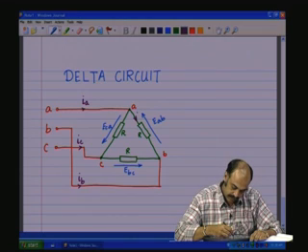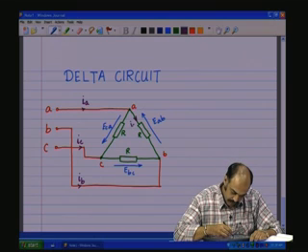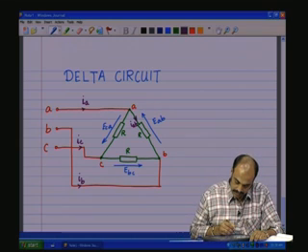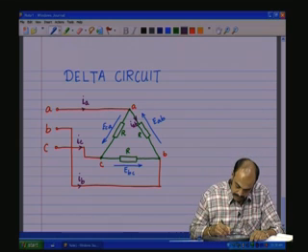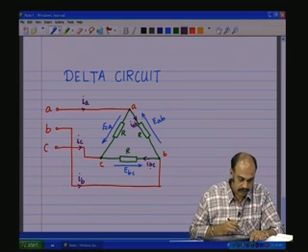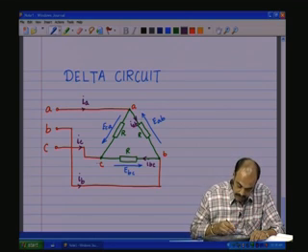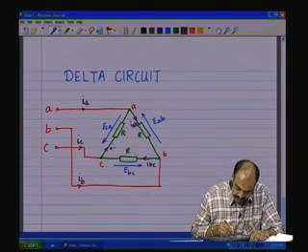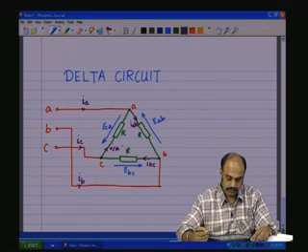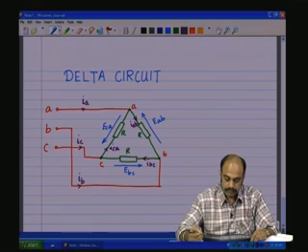Let us call that one as IAB, and then we have a current B to C, and we will call that one IBC, and then we have a current from C to A, and that we shall call as ICA. So, these are the directions of the currents that we are indicating here.